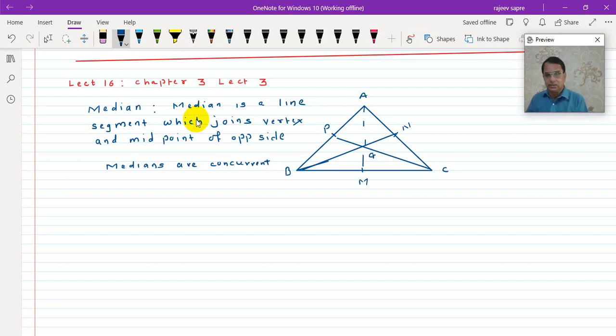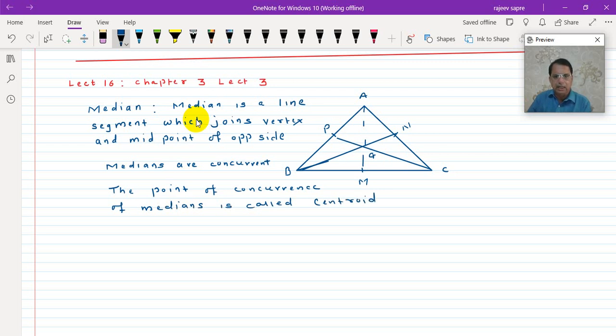But 3 lines or 3 line segments, whenever you are talking about, they are concurrent when all of them pass through a single point. आता हा जो मेडियनचा पॉईंट ऑफ इंटरसेक्शन आहे, दॅट इज कॉल्ड सेंट्रॉइड. इंटरसेक्शन नव्हे, सॉरी, अगेन आय एम मेकिंग एरर. कॉन्करन्सीचा जो पॉईंट आहे, the point of concurrence of medians is called the centroid.